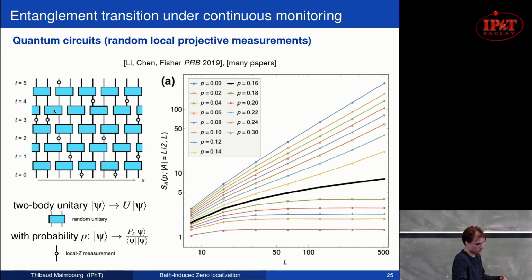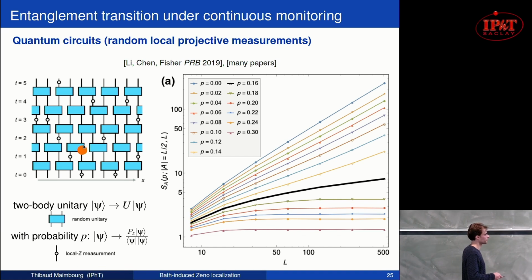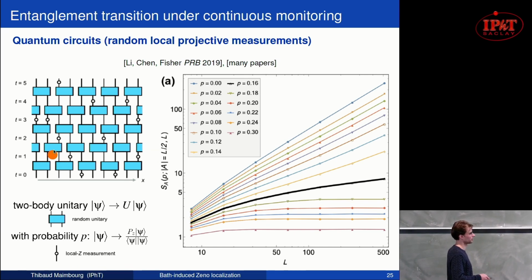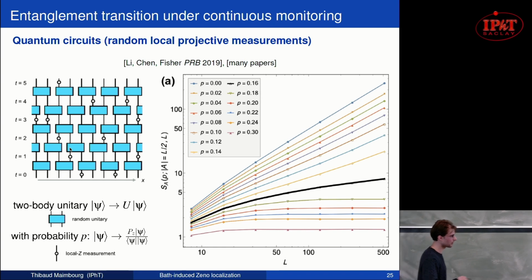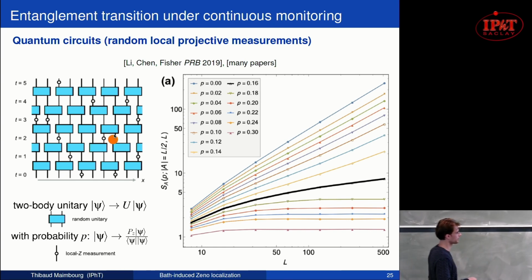This is supposed to mimic the chaotic evolution of a many-body system. And now, from time to time, in between, with some probability p you make a measurement, projecting on the local basis of the spin chain. These are the little dots here.